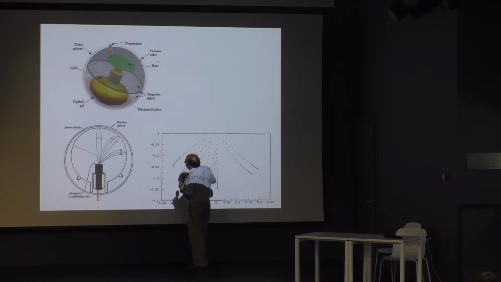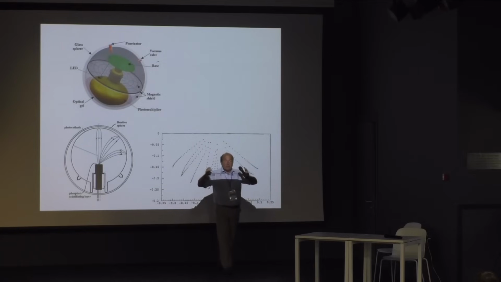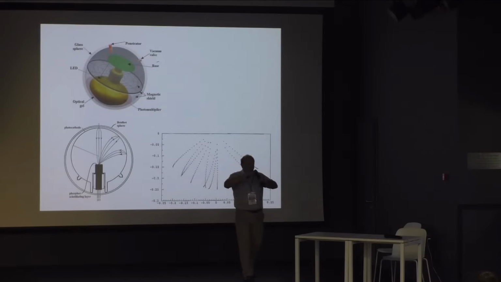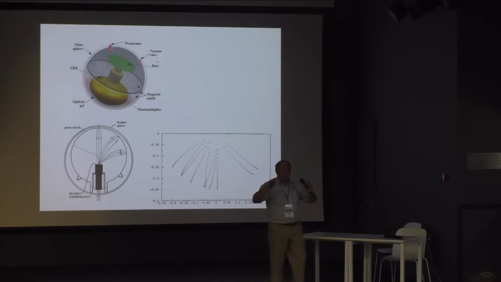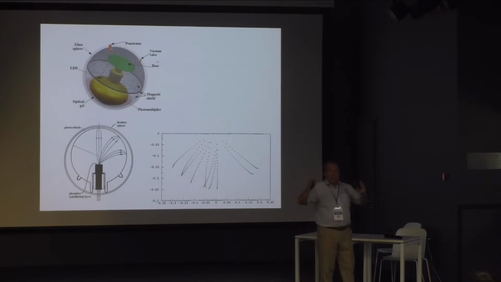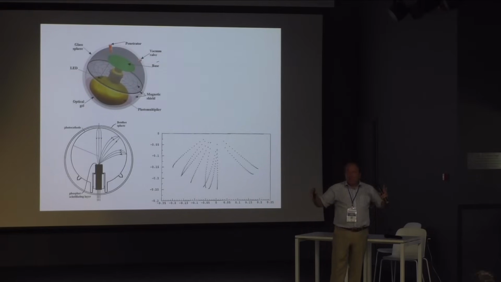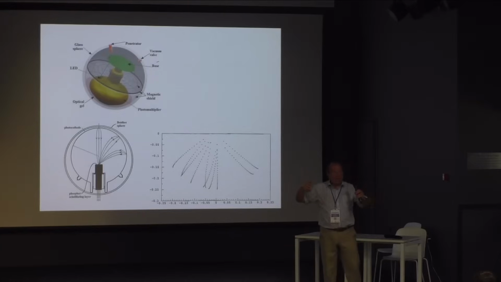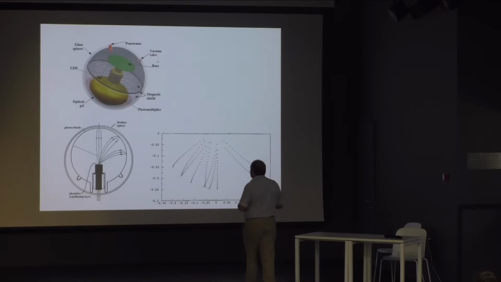Because I need a big surface, in order to have high chances to detect the light, I'm using photomultipliers that have a very big cathode, not a very small one, in order to collect light coming from different directions.